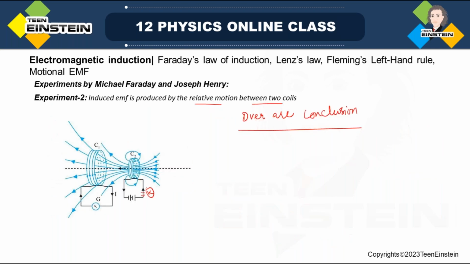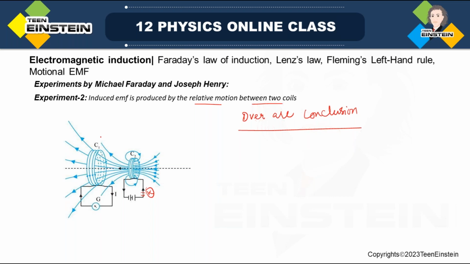Now look, in the second case, this C2 also acts as a bar magnet, in the sense it creates a magnetic field around it. If either coil is moved away, then the number of field lines passing through C1 will be less.